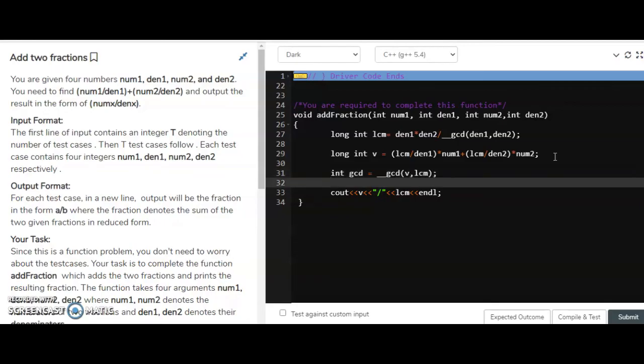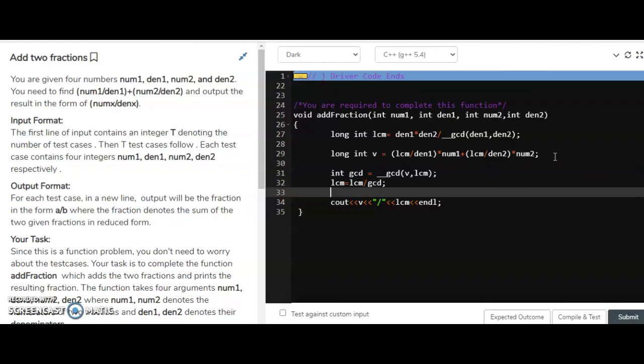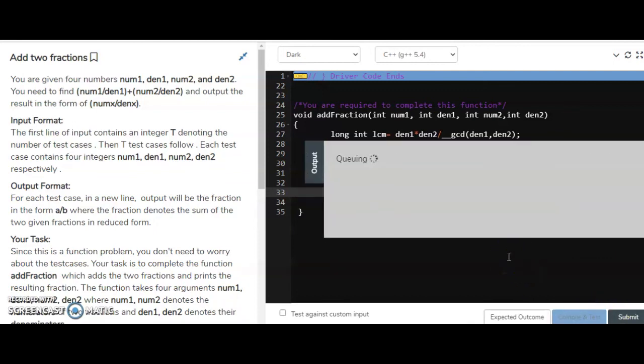Now I will divide the LCM by the GCD, that is LCM is equal to LCM divided by GCD, and similarly v is equal to v divided by GCD. And now we print the output. So let's compile it first. Let's see the answer now.